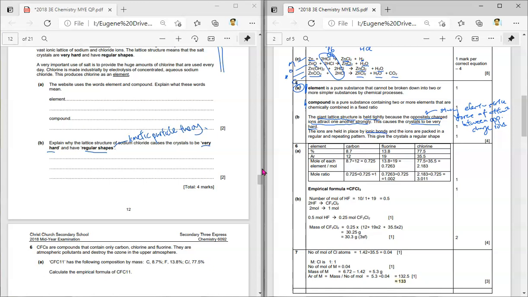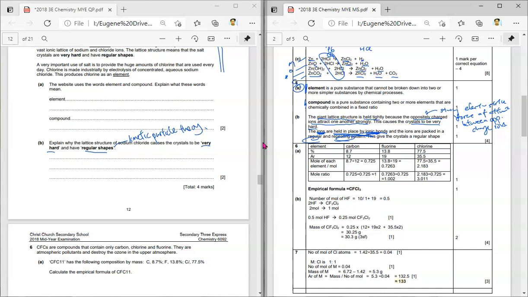Because the ionic bonds are strong. Why do they have a fixed shape? Because they're held in place, by the strong ionic bonds. So they are packed in a regular and repeating pattern.